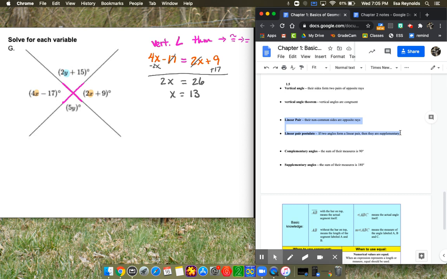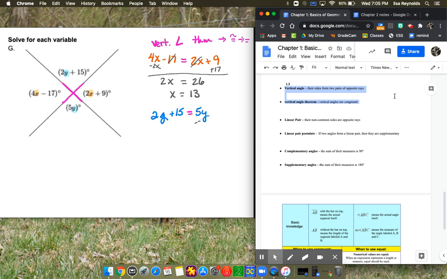The y value also happens to be two sets of opposite rays. So vertical angles are going to form those two pairs of opposite rays, and our vertical angles theorem is once again going to give us that they are congruent, so they're going to be equal. So I'm going to take the 2y plus 15, and it is going to be equal to the 5y.